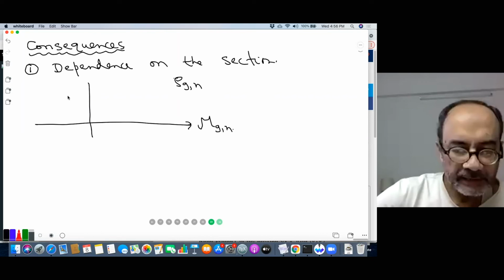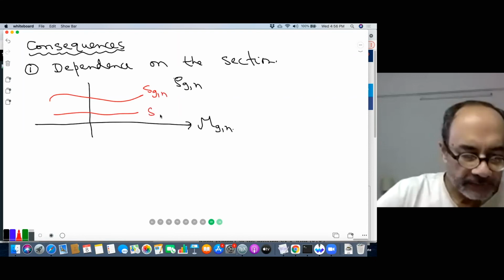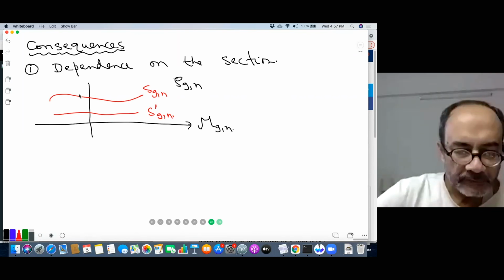Suppose that we have made two different choices of the section, SGN and S prime GN, and we want to compute the difference. If you evaluate the amplitude using SGN or S prime GN, what is the difference?